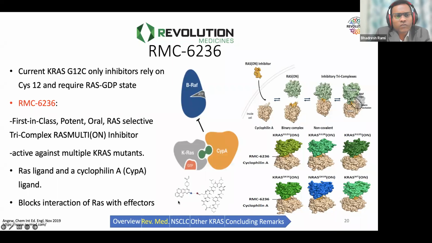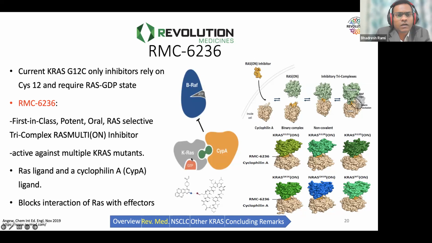One is most of the inhibitors till now required the protein to be in the GDP bound form for the inhibitor to act, because in the G12C, the two molecules we discussed, sotorasib and adagrasib, bind to this protein and covalently link the cysteine in the RAS GDP bound state, that's the off state, when the protein is not active. But in doing so, they are missing a large population of the protein which is also still active, that's in the on state, the GTP bound state. These molecules are unable to act.